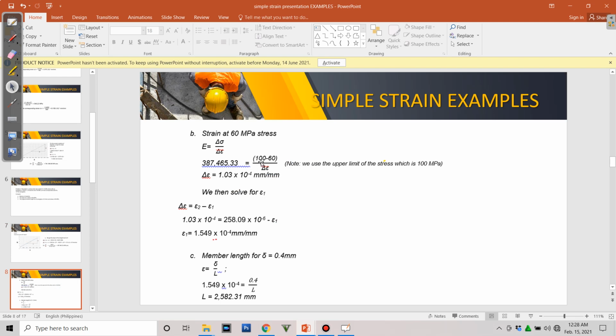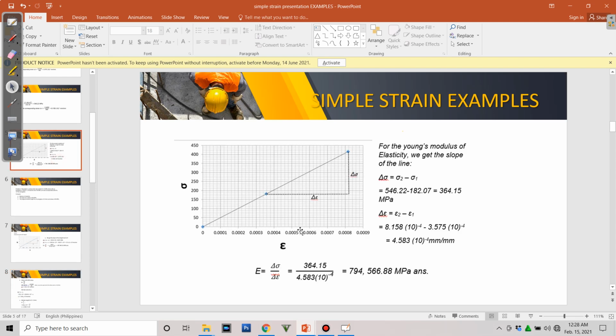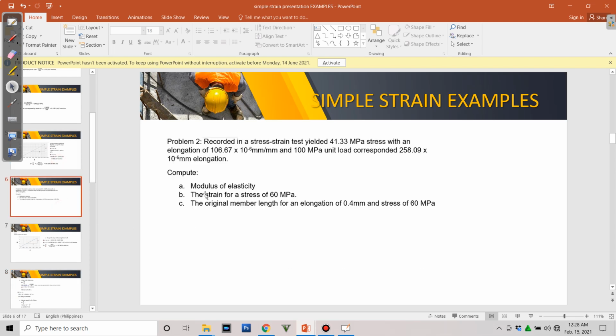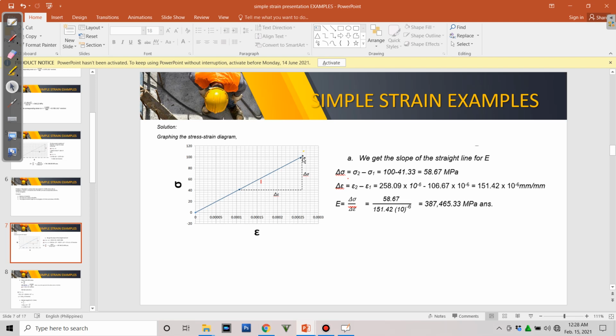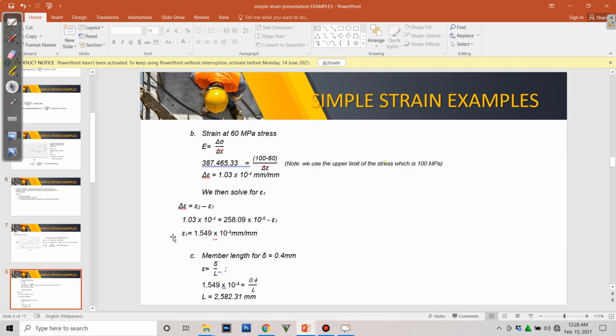So I'll just use the upper limit, 100 megapascal, to solve for the strain of 60 stress.